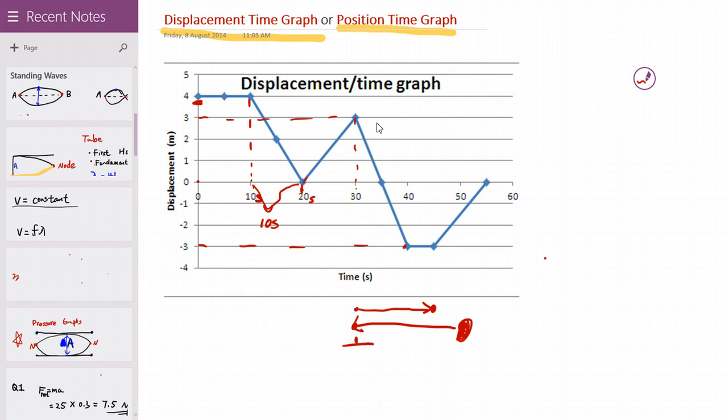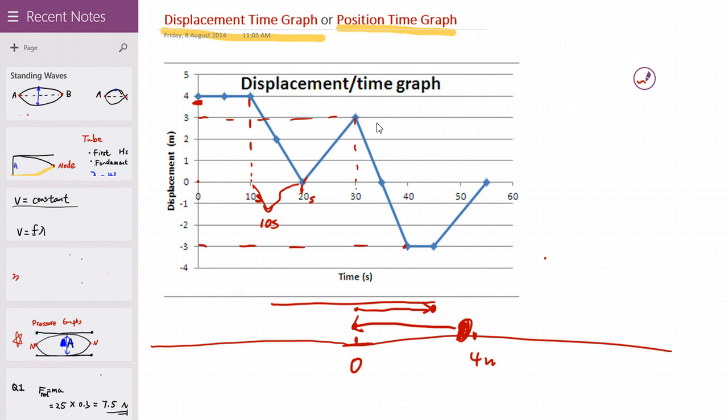Imagine we have our number line there. We have 0, and I have 4 meters. Then in the next 10 seconds he travels back to, say, -3 meters. There he stands still for approximately 5 seconds.